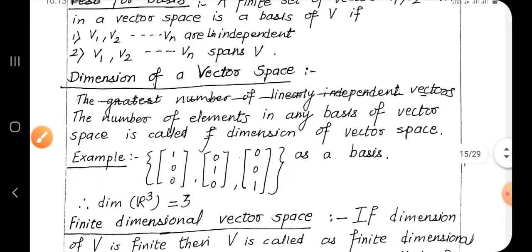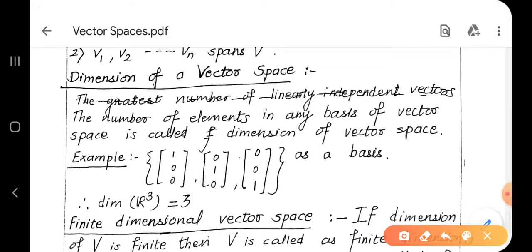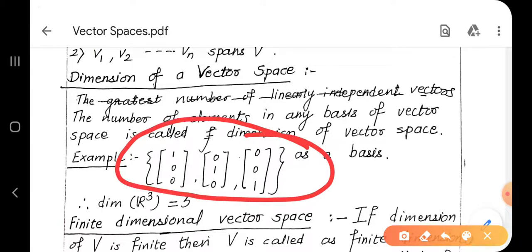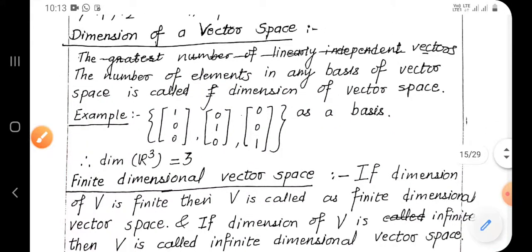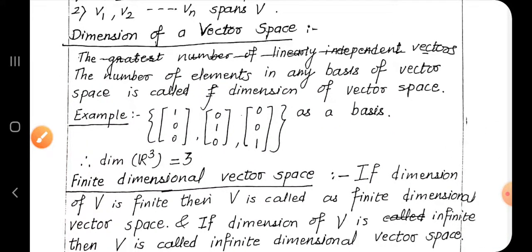So here (1,0,0), (0,1,0), (0,0,1), these are the 3 elements of the basis for R3, therefore the dimension of R3 is 3, dimension of R4 is 4, dimension of R2 is 2, like that. Correct? We will prove it in the examples.